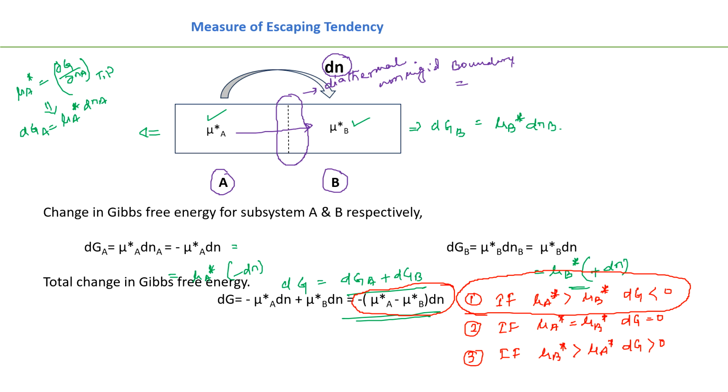Suppose in case of electrical, if there is a gradient of electric potential, then charge moves from high potential to low potential.